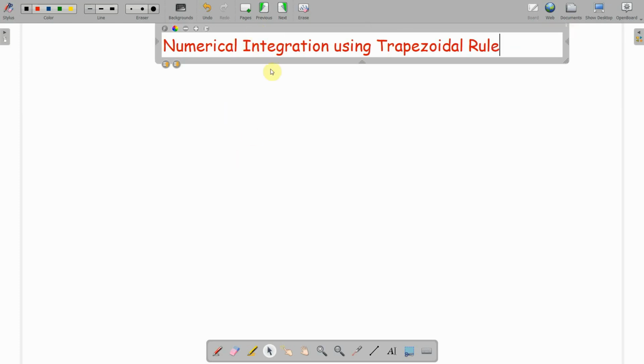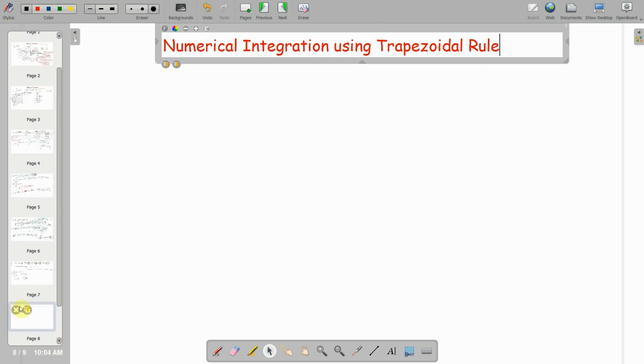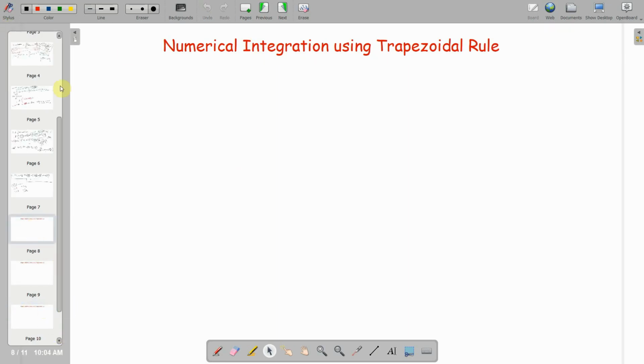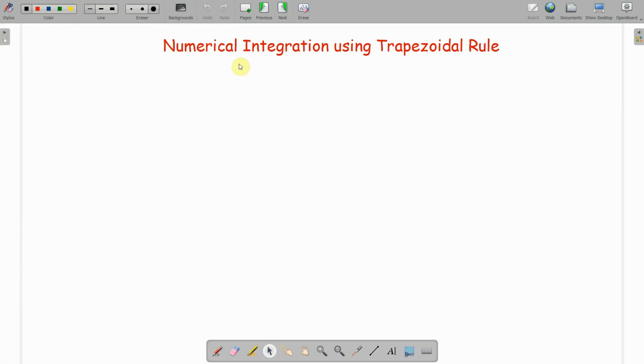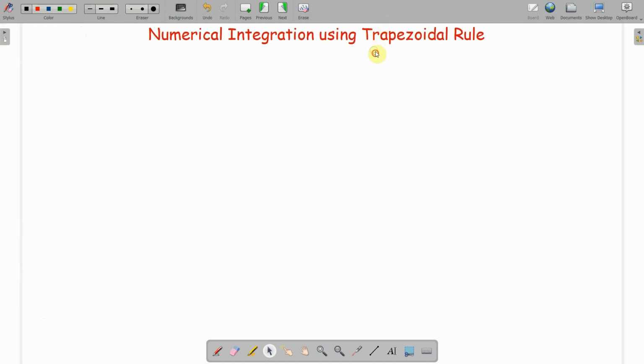So for trapezoidal rule, what I'll do, I'll be putting n equals to 1 in the Newton Cotes quadrature formula.